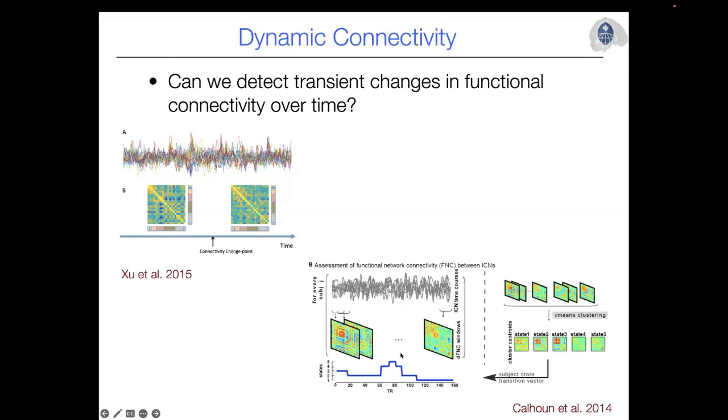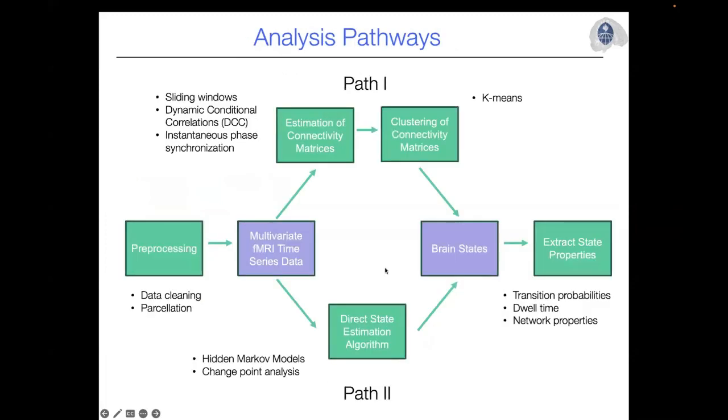Another commonly used approach is sliding windows: they calculate the correlation in each sliding window over time, and then they cluster these into different brain states. That's another way of doing it. You can do things like hidden Markov models, and the like, which are all popular techniques. In general, there are two different paths towards doing this.